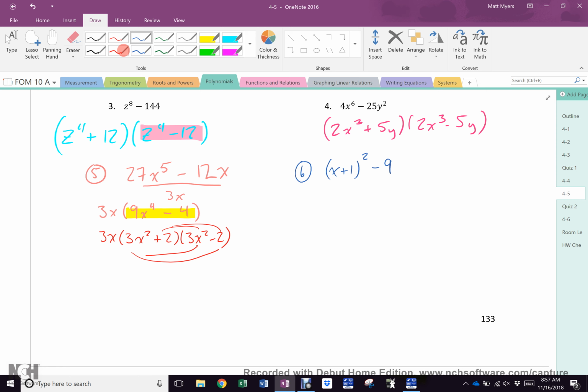Is it the 9 or is it the x plus 1? It's the x plus 1, isn't it? That bothers you, right? Okay. Does this bother you? A squared minus 9. Why not? Because you know how to do this in your head, don't you?